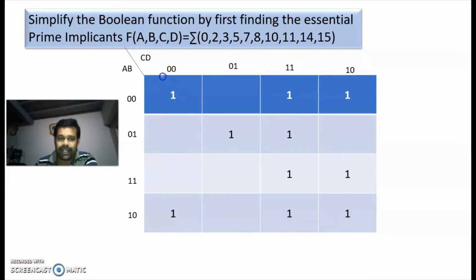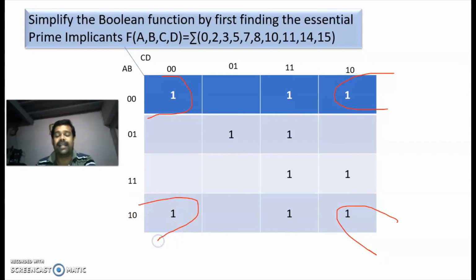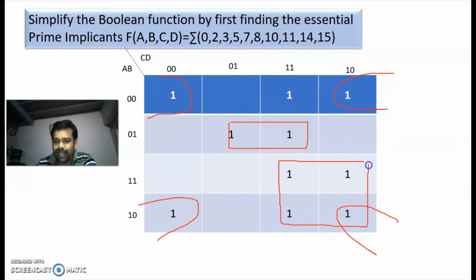This one can be grouped only by this way. So this is an essential prime implicant. Similarly, this one can be grouped only by this way. This is an essential prime implicant. Similarly, this one can be grouped only by this way. So this is an essential prime implicant.